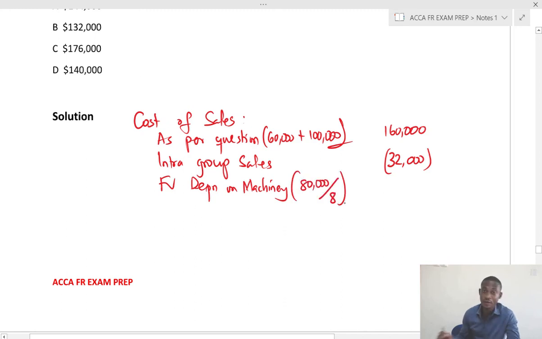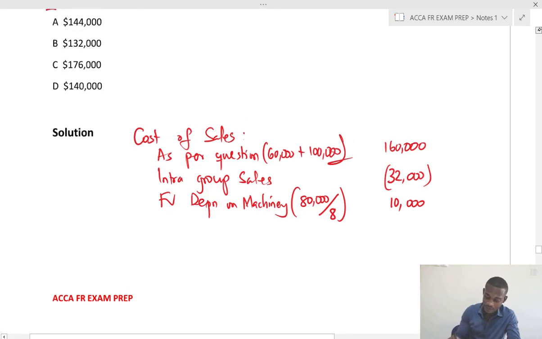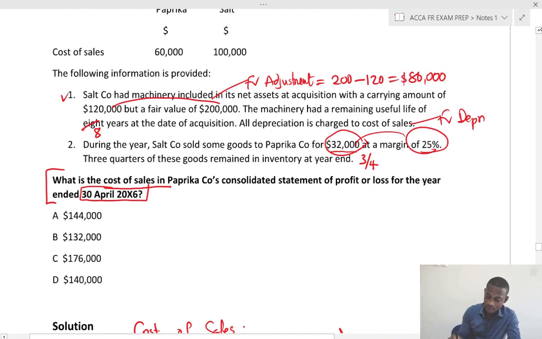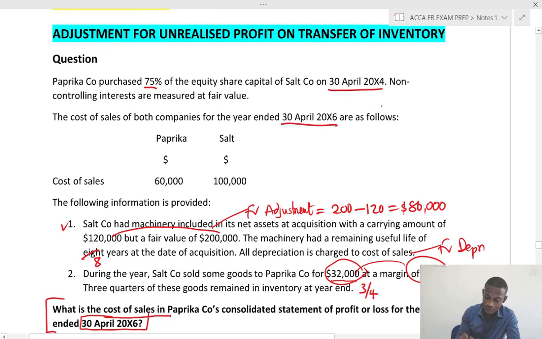Because we are looking at the per annum, that should be 10,000. So take note of that. And please know that it's a full year because the acquisition was 2 years ago. And in P&L, you don't need the accumulated depreciation. You only need the depreciation for the year.